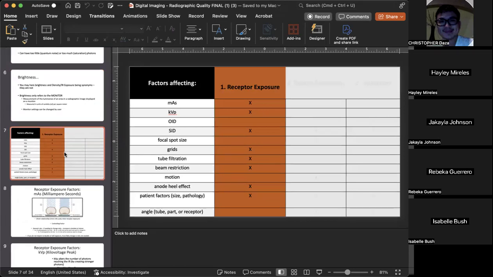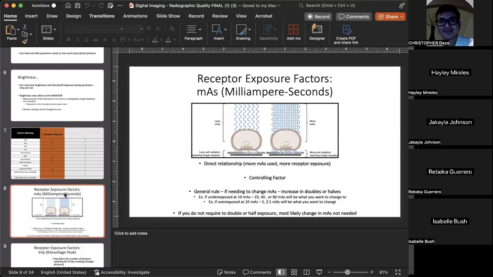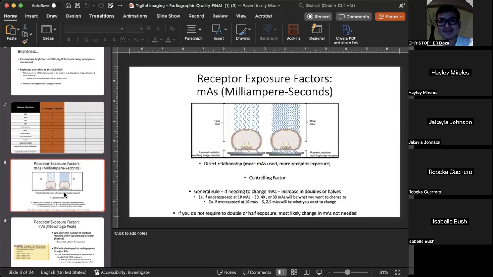We're going to talk about these factors. Pretty much they stay the same as what you should know them as, and we're going to go through them. When we talk about receptor exposure, the first factor that comes to mind is mAs, milliampere-seconds, right? Essentially, if you increase the mAs, as you can see in the image, there are more X-rays produced at the X-ray tube.